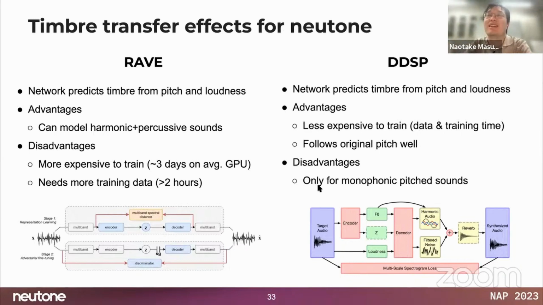So you can't have a drum loop, or two violins playing separately. So for out of this world types of sounds, you want to use RAVE, but for traditional instruments, DDSP is pretty suited for that.